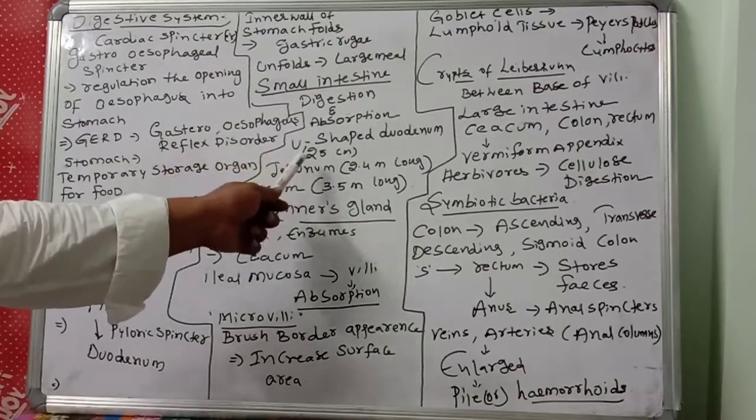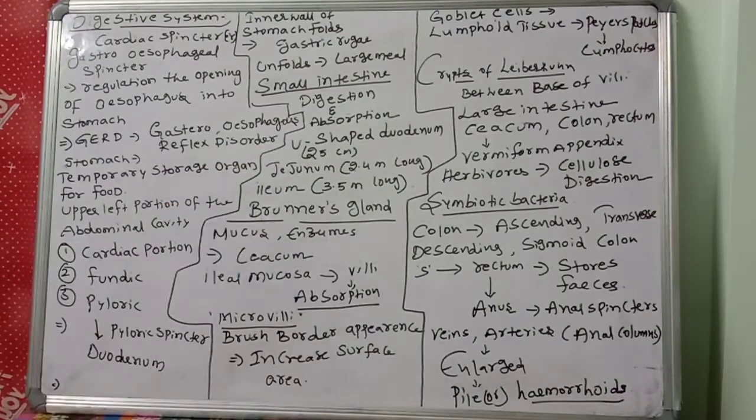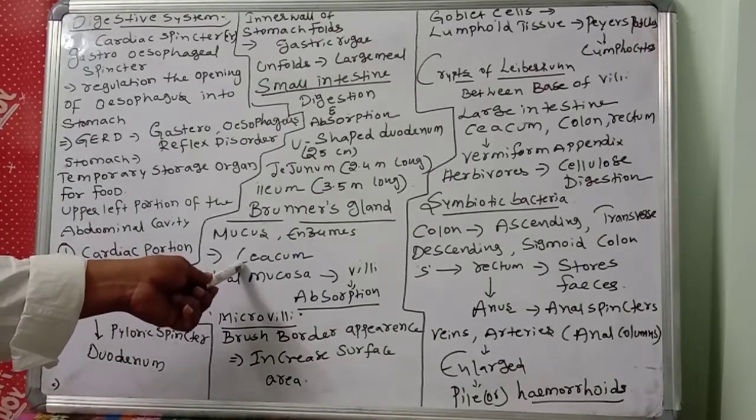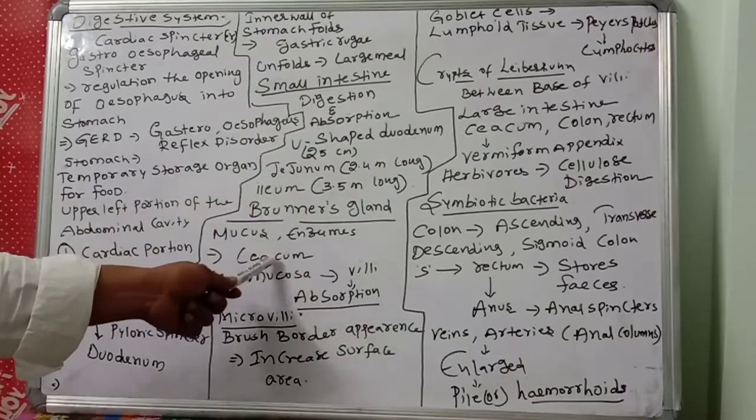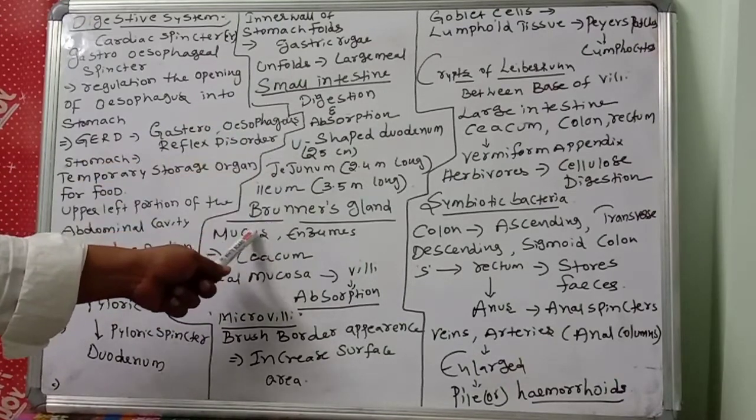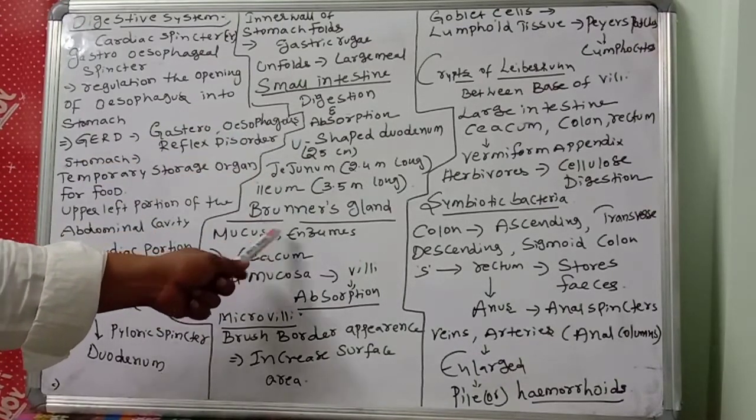The cecum is a part of the large intestine. So duodenum, jejunum, ileum; the ileum opens into the cecum. The duodenum wall contains Brunner's glands, which secrete mucus and enzymes.